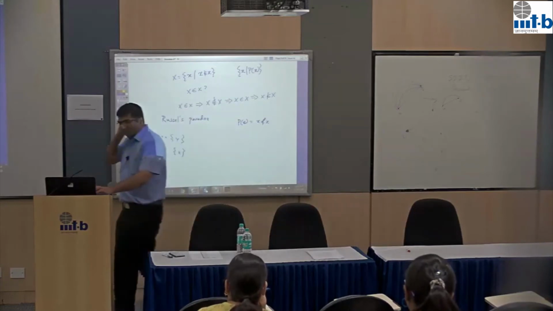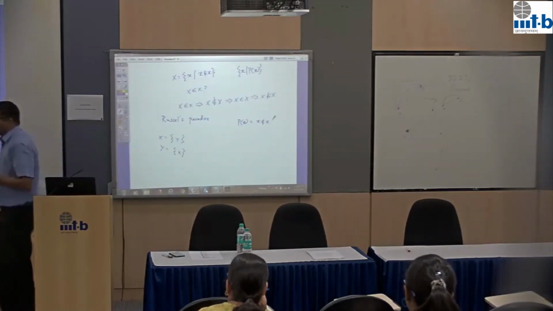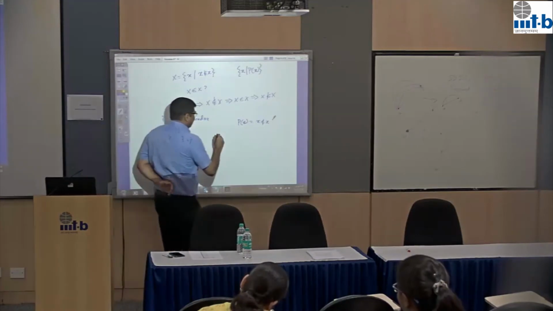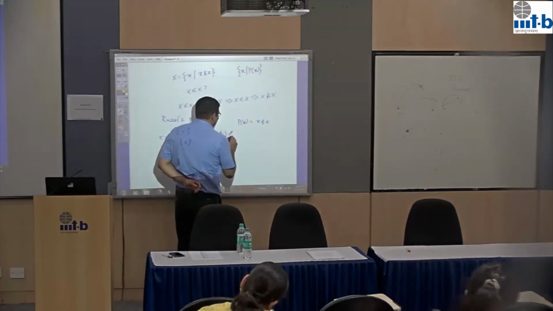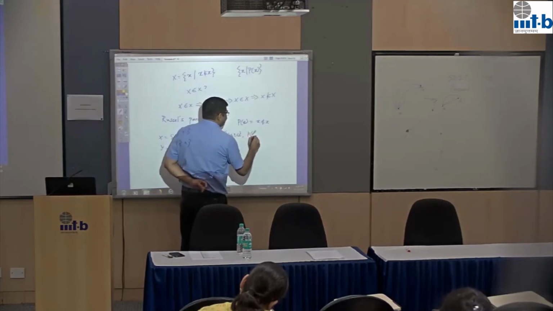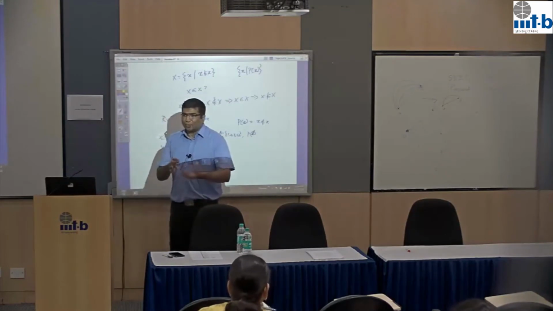Now this property can exist. X is not a member of itself is not a problem. The property can exist, okay? So I can say, for example, A equal to, okay? So is P of A true? What is a property? A property is either true or false, right?